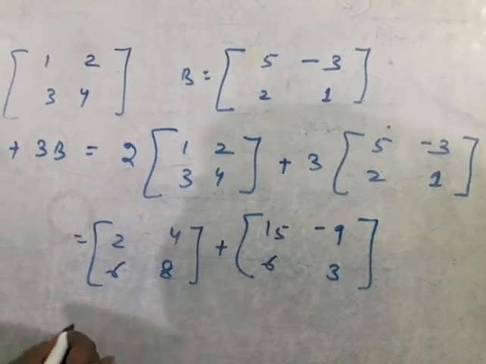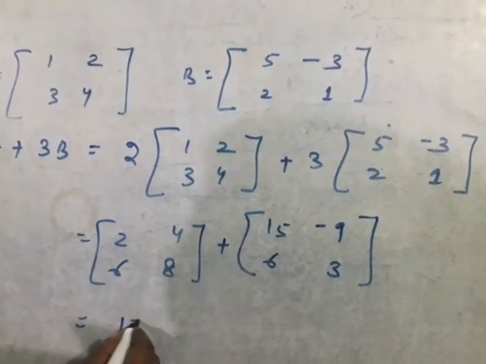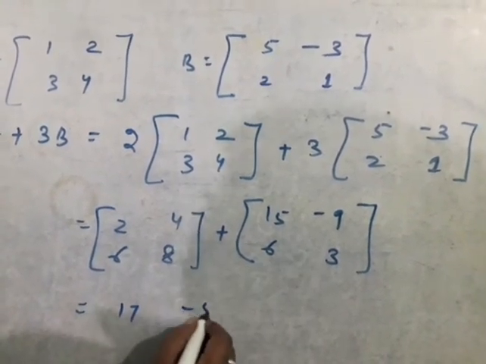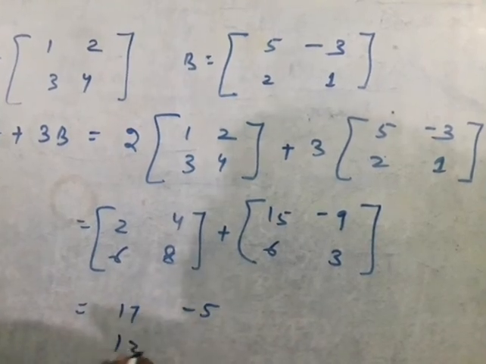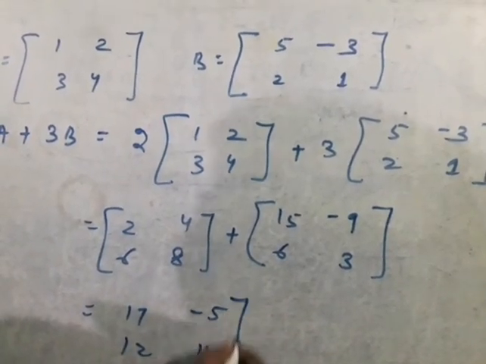In total we get 2 plus 15, 17; 4 minus 9, minus 5; 6 plus 6, 12; and 8 plus 3, 11.